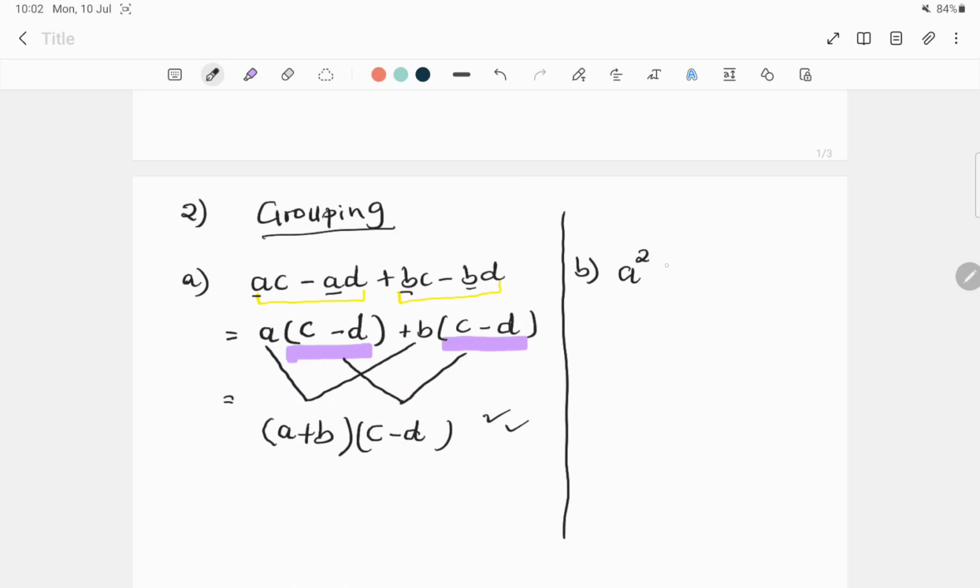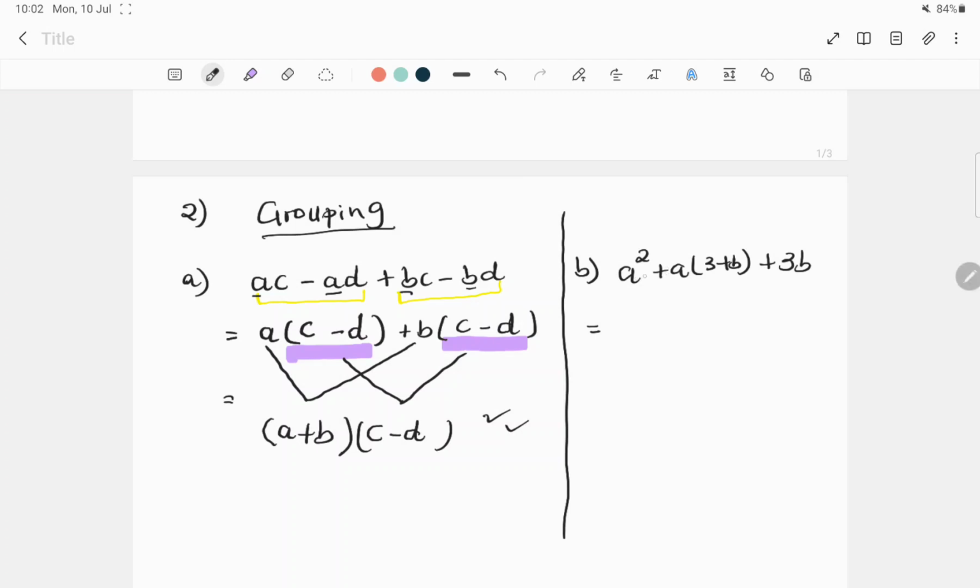A squared plus A(3 plus B) plus 3B. So ladies and gentlemen, here, remember grouping, you must have more than 3 terms. It must be 4 terms, 5 terms, or 6 terms.